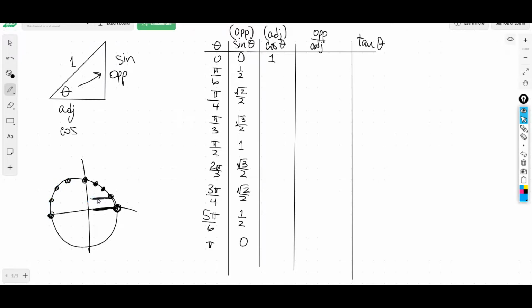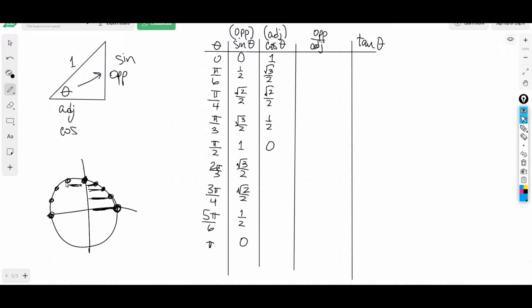So pi over 6, that's the longer of these two lengths, so that's square root of 3 over 2. Pi over 4, that's square root of 2 over 2. This is the shorter length, so that's 1/2. And then this here is 0, because I'm not moving left or right at all.